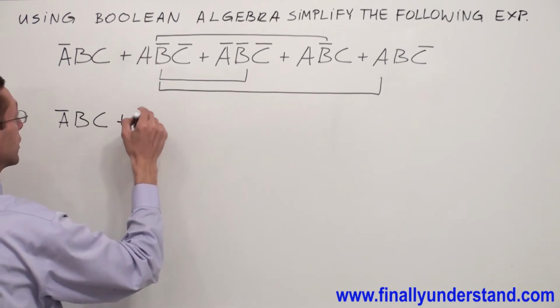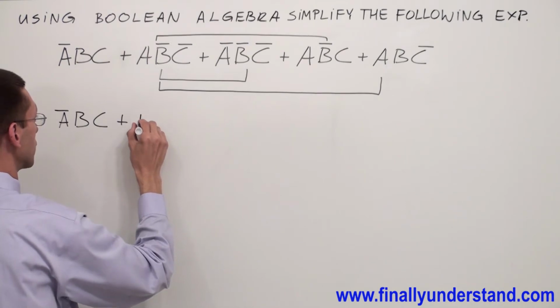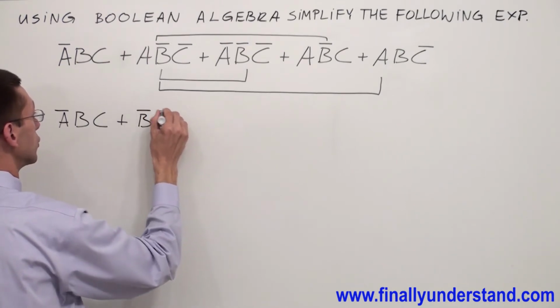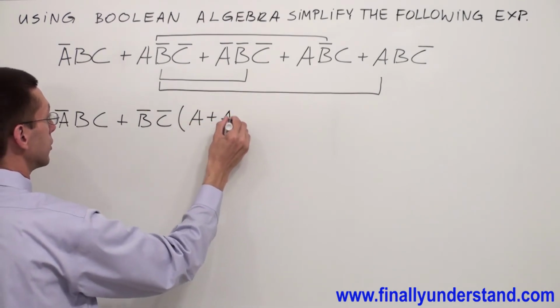Or we said that we're going to factorize b naught, c naught from these two terms. So I'm going to have b naught, c naught, and inside of the parentheses I'm going to have a or a naught.